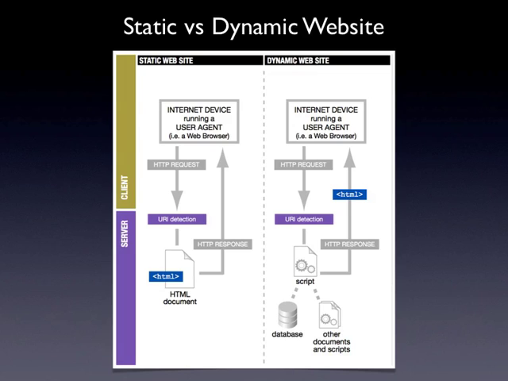So the difference being, we request a resource, and in this case, the resource isn't a single HTML file. What it is, it usually calls a script, a bit of programming code on the server which will do something, whatever that bit of code does.